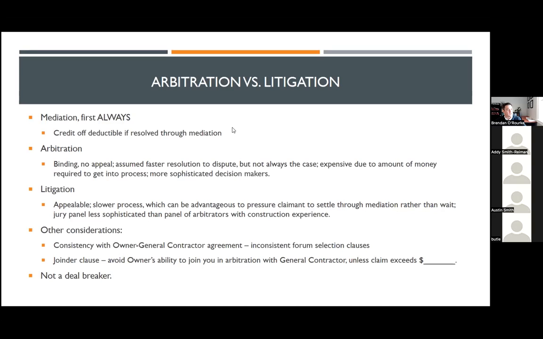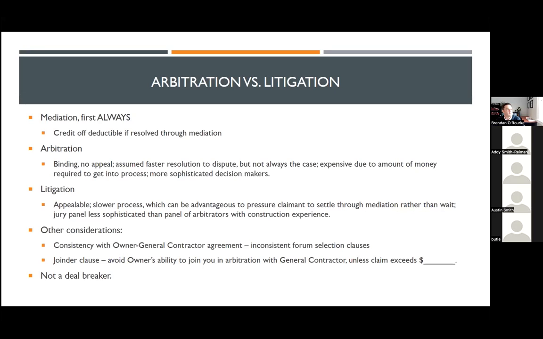Arbitration versus litigation. Before delving into those two areas, the recommendation is to have mediation first as part of the dispute resolution process. Most contracts require that at this point, but a lot of you within your insurance policies have a credit provided to you by the insurance company that if you resolve a claim at mediation within a certain amount of time, you get a credit back on your deductible.